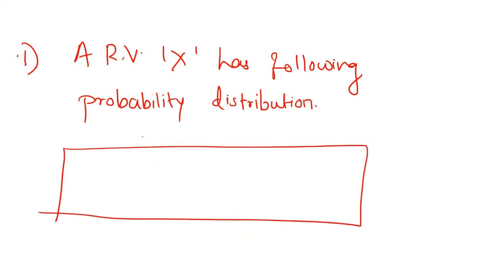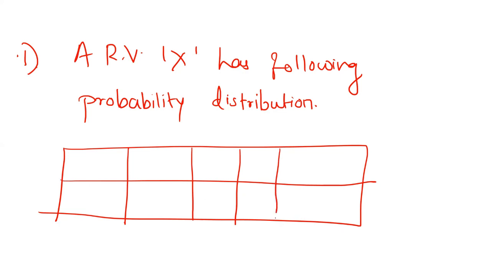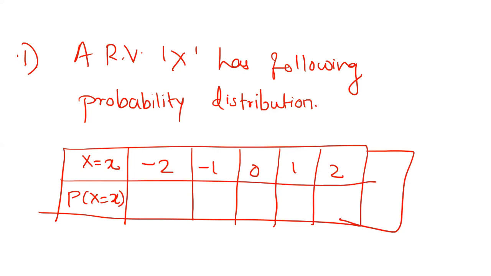The values taken by x are -2, -1, 0, 1, 2, and 3, and the PMF probability value for each value of x is given.